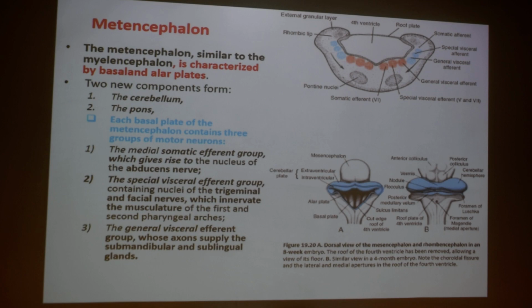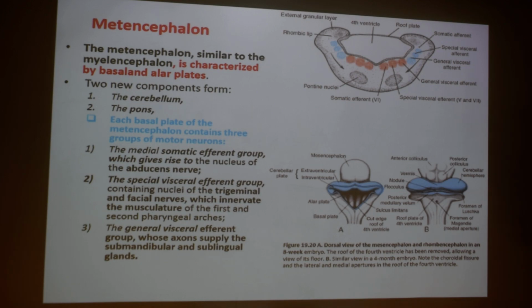Metencephalon is going to give rise to two structures. One is the cerebellum, the other is the pons. So, in terms of pons, again, you would have the basal plate and the alar plate, and in the basal plate, again, you have the efferent set of neurons.